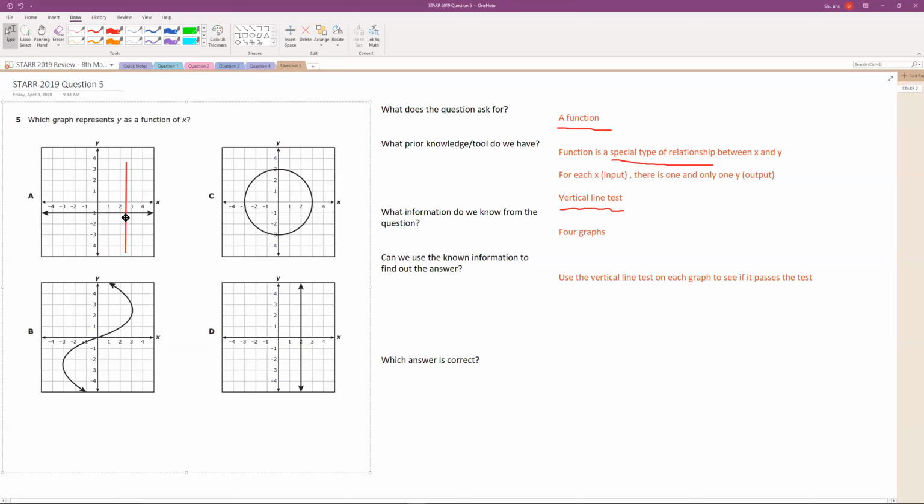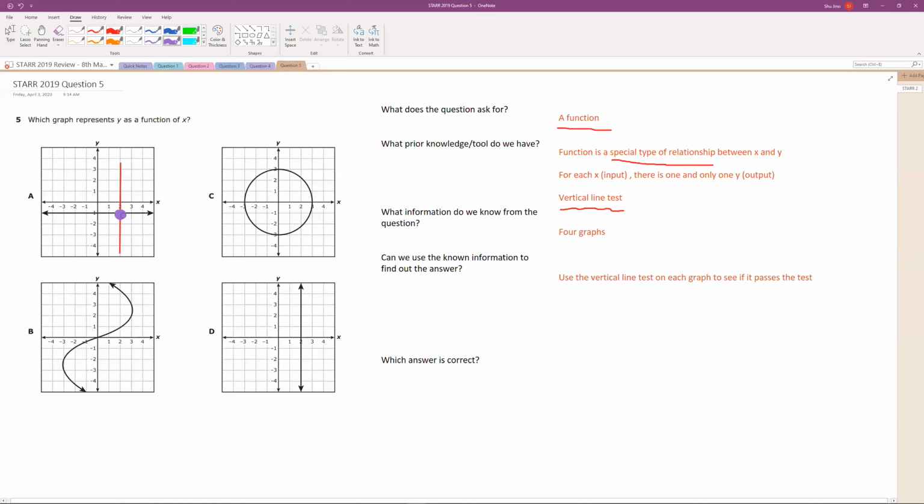See, say when this line is here, every point on this line has an x value of 2. And if this vertical line has one intersection with the function we are looking at, say it has one intersection here, then this intersection has the x value of 2 and one y value.